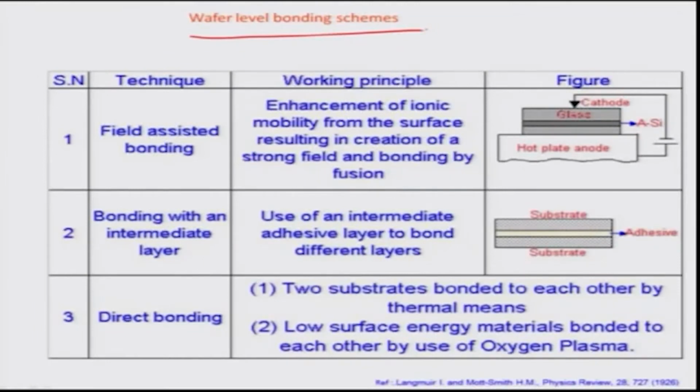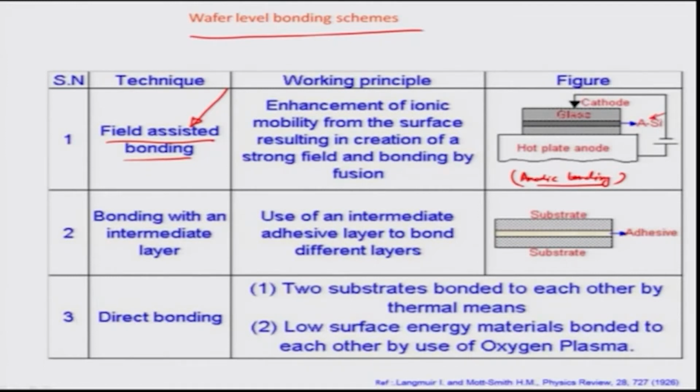The first strategy which comes to mind for such bonding is also known as field assisted bonding, or anodic bonding. In such a bonding we take a silicon material and make it the anode.